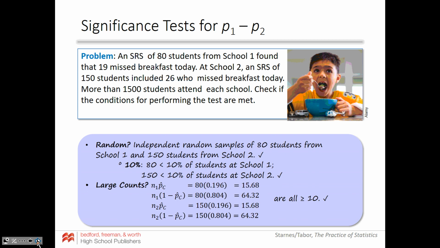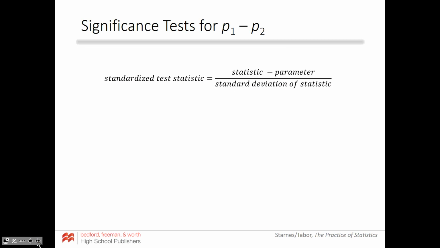All right, so as we know now, our standardized test statistic is always equal to the statistic minus the parameter, divided by the standard deviation of the statistic, right? Now, remember, on your formula sheet, you're going to have to build this formula. So this is what you're given on the formula sheet. Let's figure out where each piece comes from.